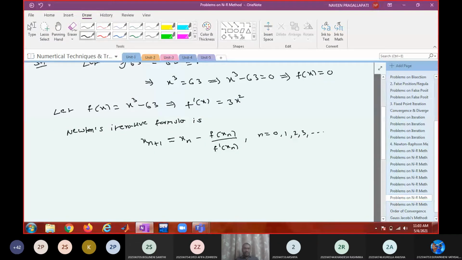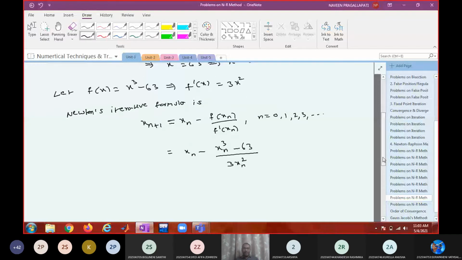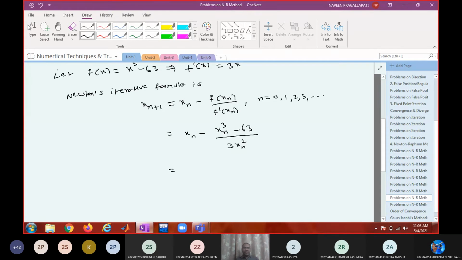So in this case, x(n+1) is xn minus (xn cube minus 63) by 3xn square. If you want, you can simplify it: 3xn cube minus xn cube is 2xn cube, plus 63, by 3xn square. So this is x(n+1).